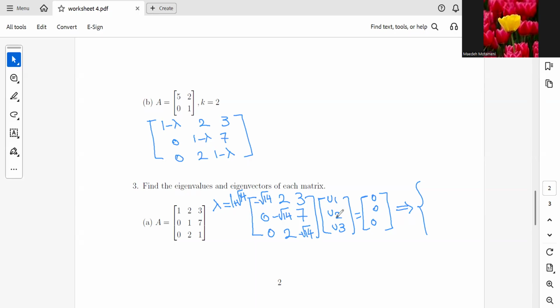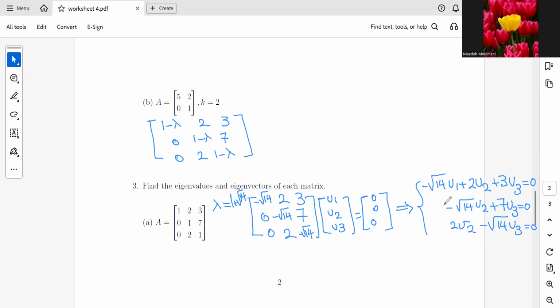And if we multiply them together, the equations will be negative square root of 14 times v1, and 2 times v2, and 3 times v3 equals 0. Also, we would have negative square root of 14 v2 plus 7 v3 equals 0. And for the last one, we would have 2 times v2 minus the square root of 14 v3 equals 0.